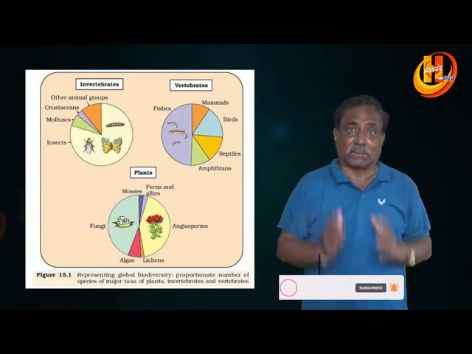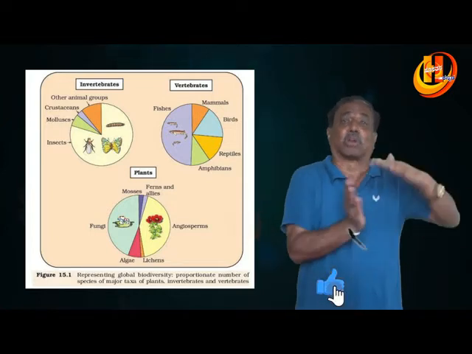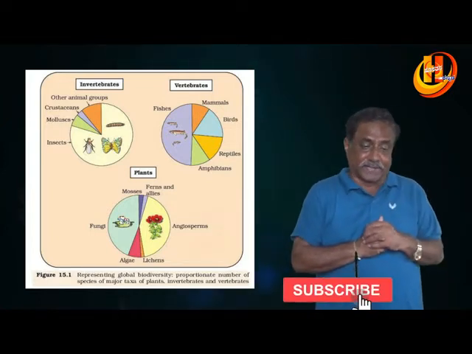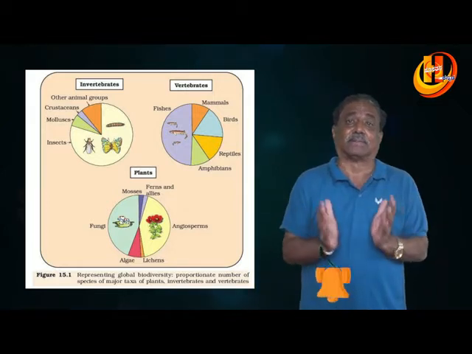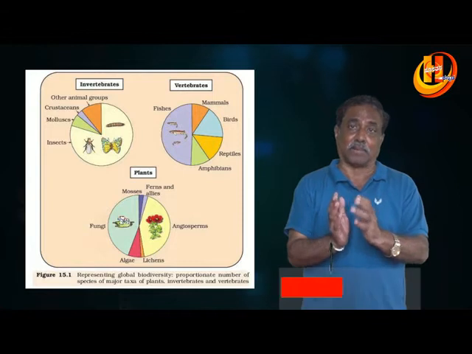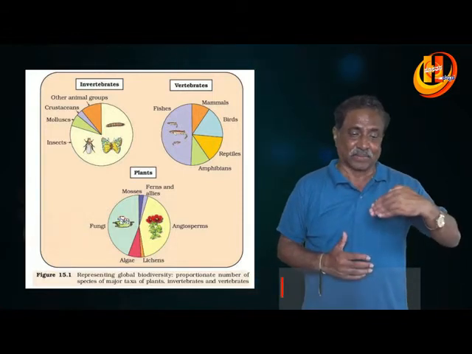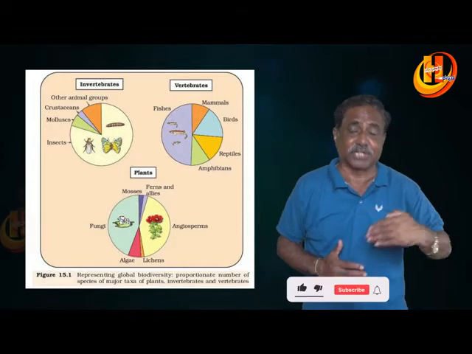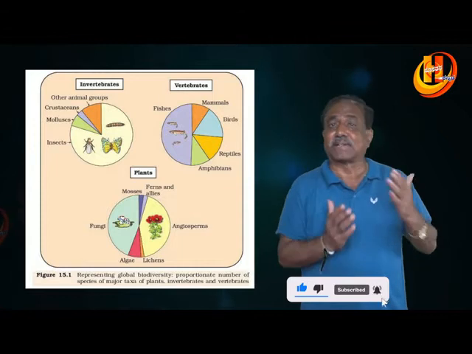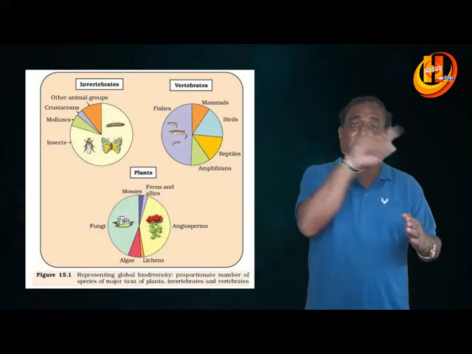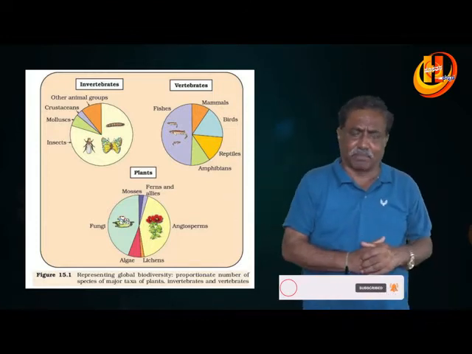Whereas in the case of plants, fungi occupy more number of species. That is very, very important. And the insects form the major community, and next to this, molluscans, crustaceans, and the other organisms. So here the chart is given in the book about how much they occupy. That is very, very, very important.